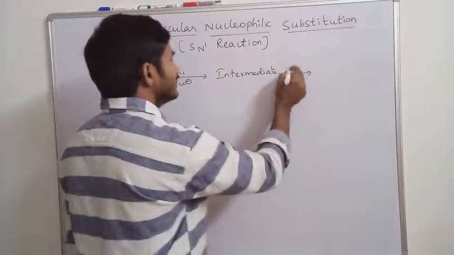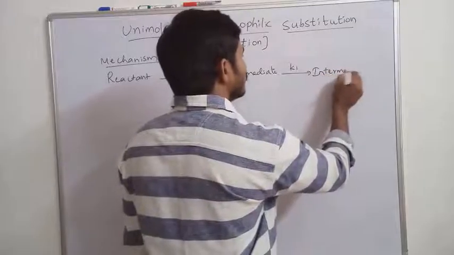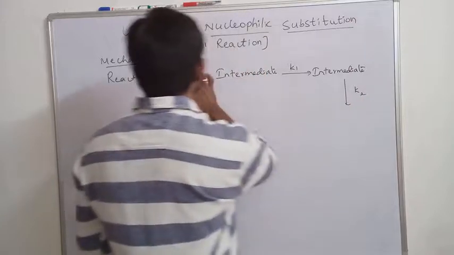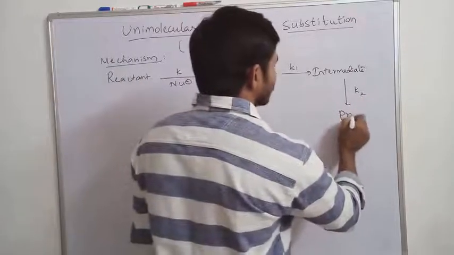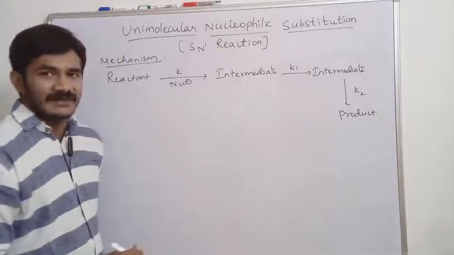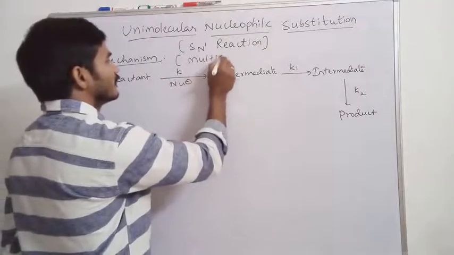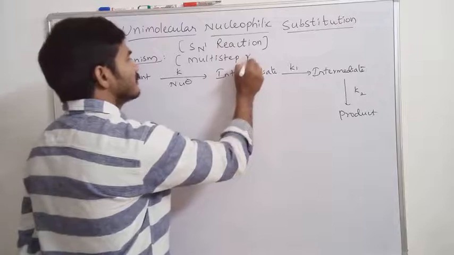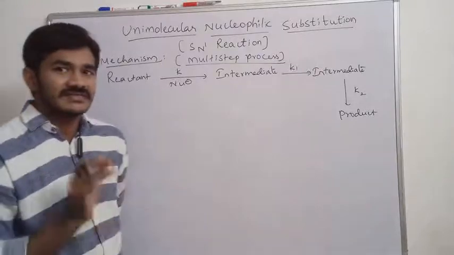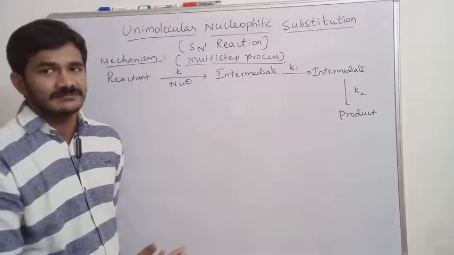This intermediate can again be converted into another intermediate which may be more stable. Finally, it is converted into product. From this you can understand that it is a multi-step mechanism, whereas the SN2 mechanism is a single step.